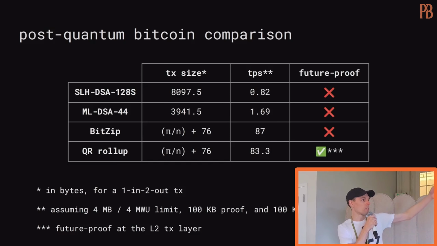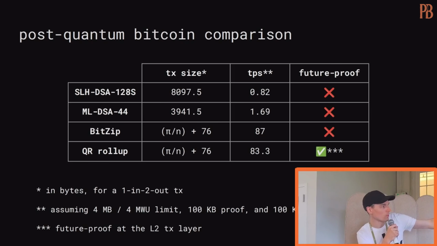And we can see that the transaction sizes are quite stark in difference between the SLH-DSA, ML-DSA, and then the Stark or cryptographic proof-based systems.